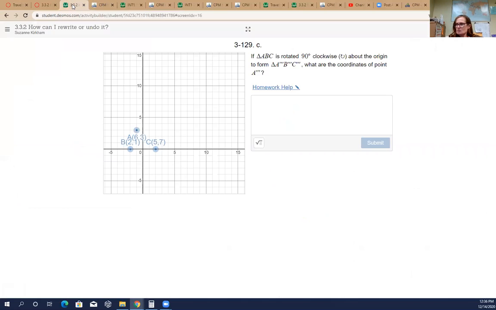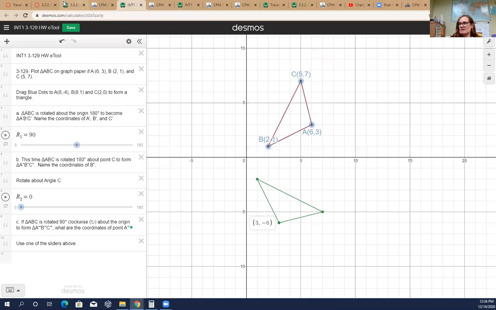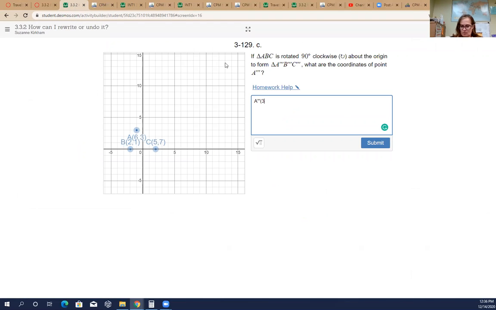So we go back to our decimal activity and A triple prime is at, now I forgot what it was. I have to go back. 3, -6. Okay. All right, and that is the answer for 16.